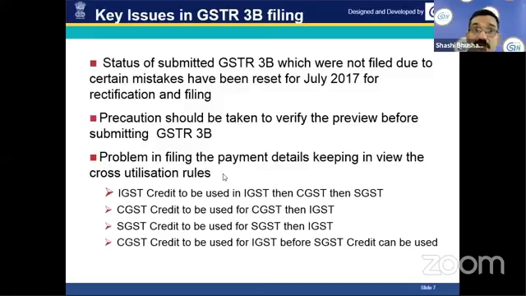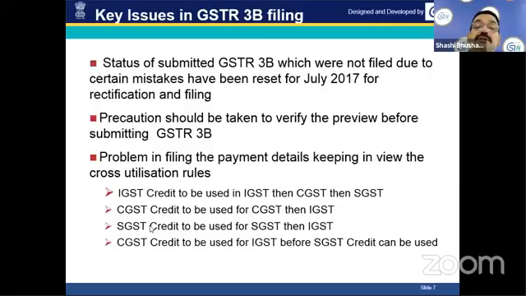And if this order is not followed properly when you are entering the values in the payment section, the system has a validation check and it gives you an error. Similarly, for CGST credit and SGST credit also, cross-utilization is permissible: CGST credit can be used for IGST liability, but before that you should extinguish your CGST liability using that credit, and then any excess credit can be used for paying IGST liability.